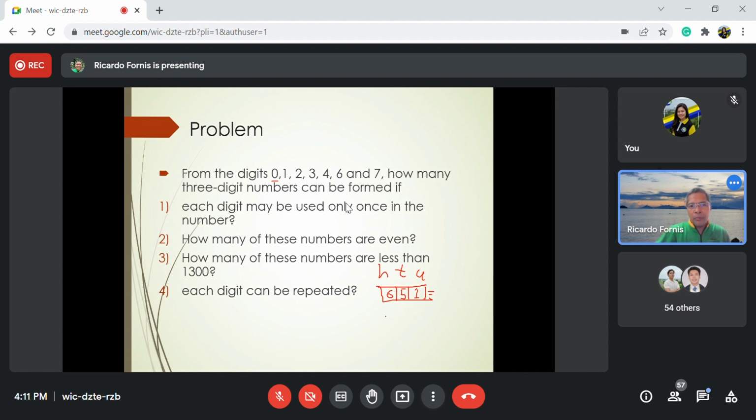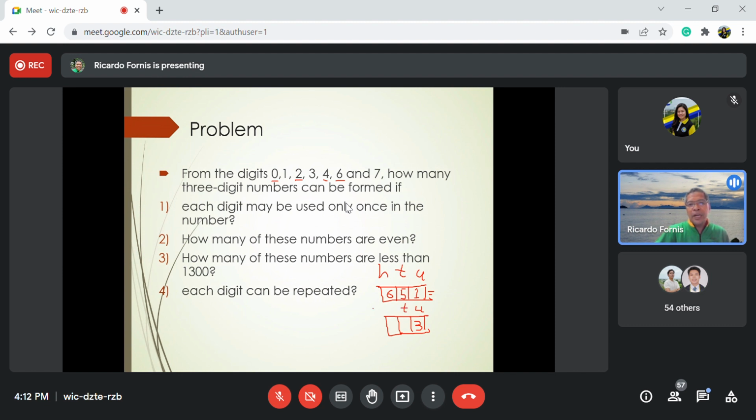Then you have to form another group of numbers. Now this time, the units digit is non-zero. So if it is non-zero and you want an even number, the candidates are 2, 4, and 6. So this one can be filled up in 3 different ways. I hope you are following.